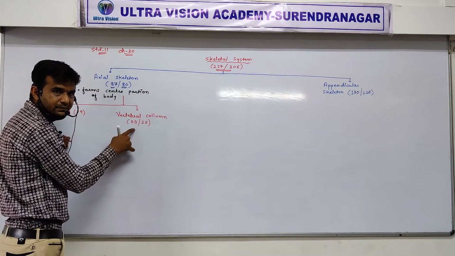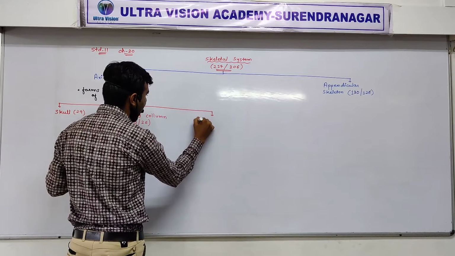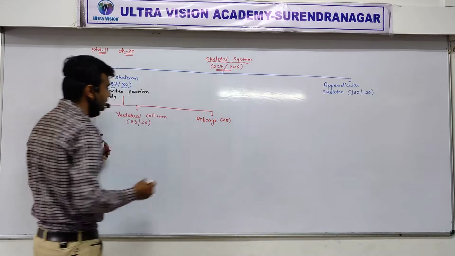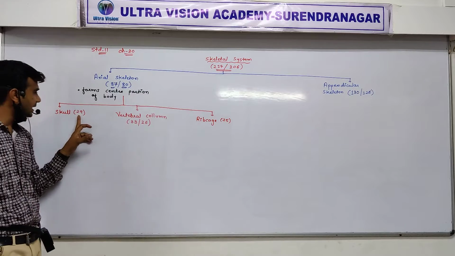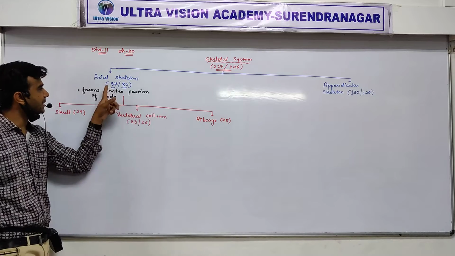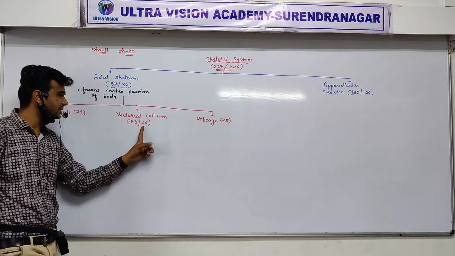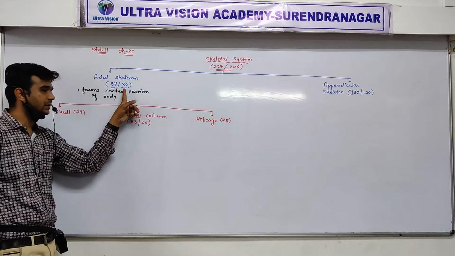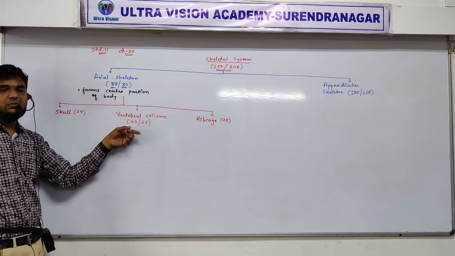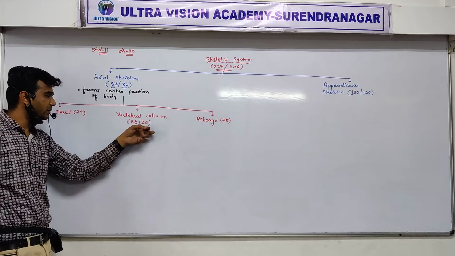Difference is here. Third is rib cage. Rib cage consists 25 bones. See, 29 plus 33 plus 25 become 87. 29 plus 26 plus 25 become 80. So 7 bones difference is here in vertebral column particularly. Later on we will take it.